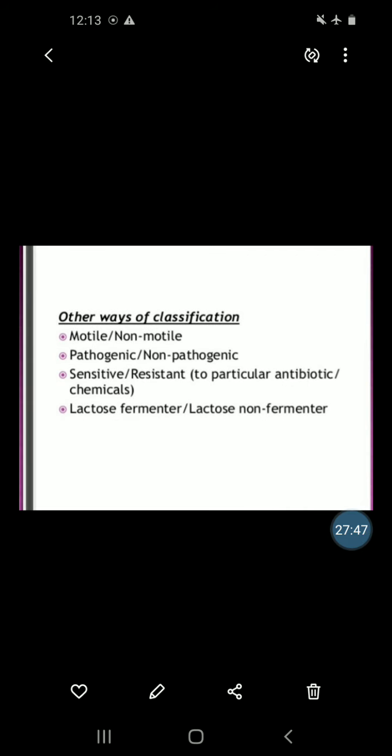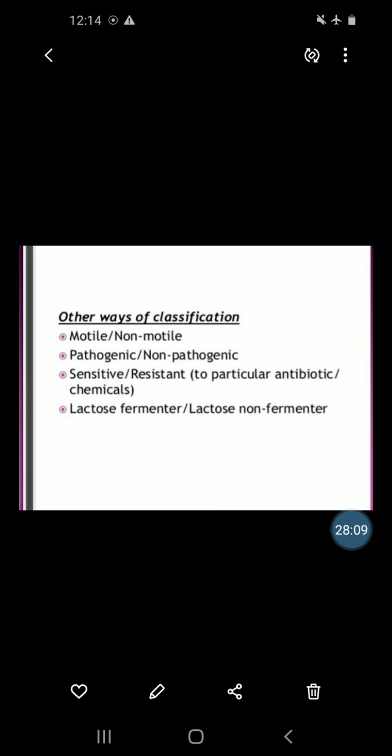Then other ways of classification: motile or non-motile, pathogenic or non-pathogenic, then sensitive or resistant bacteria, sensitive or resistant to a particular antibiotic or any particular chemical.